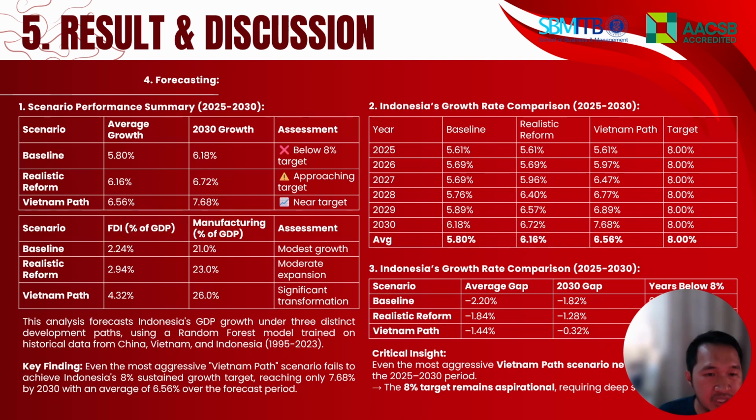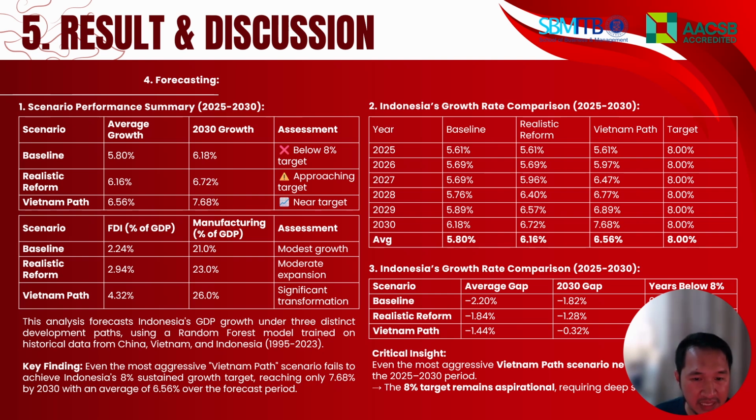Next, after predictive modeling, we do forecasting, of course. We have three scenarios: the first is baseline, the second is realistic reform, and the third is the Vietnam path. As you can see, with the average growth shown in this slide, the baseline will be below the 8% target.